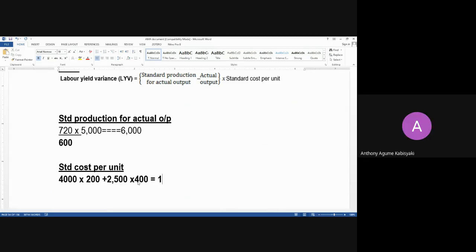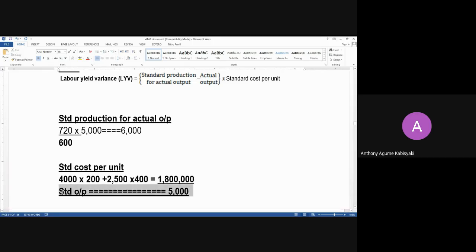1,800,000. Do you get 1.8? Yes. Then you divide this by the standard output, and the standard output is what? 5,000.